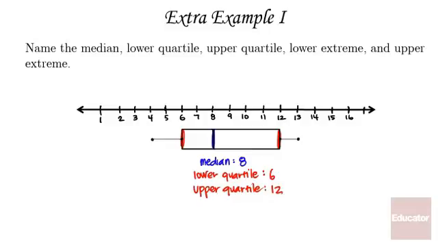And then your extremes, that number right there, the whiskers, it's going to the 4. So my lower extreme is 4. And my upper extreme is 13. Okay, so we got median, lower quartile, upper quartile, lower extreme, and upper extreme.